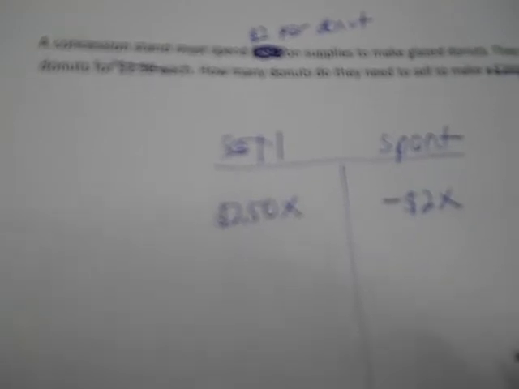So the spent, there's only going to be one amount for sold. You're only selling donuts. You're going to sell them for the same amount. Now spent, we have $2. We're spending $2 per donut. So 2x, and that's a negative. Okay. So when I sell it, I make positive. When I spend it, I make negative.